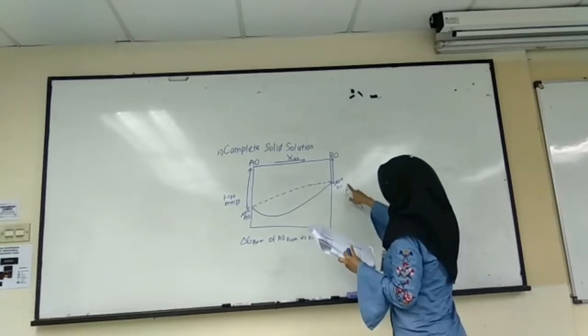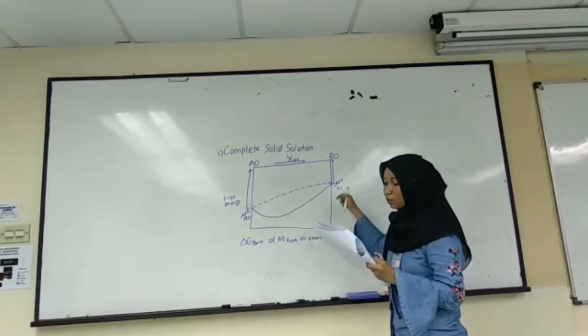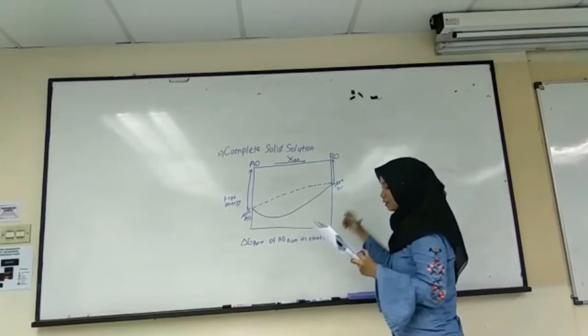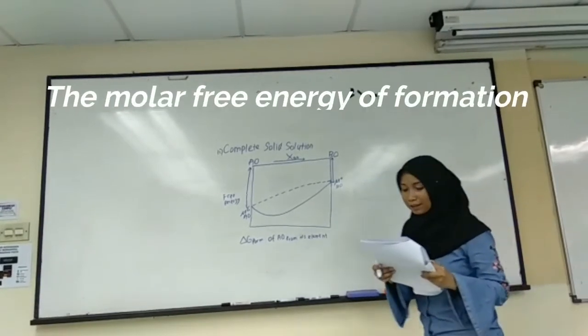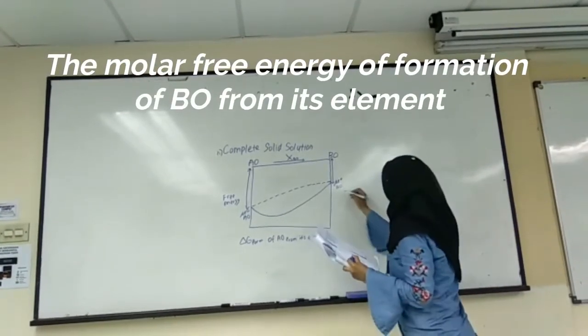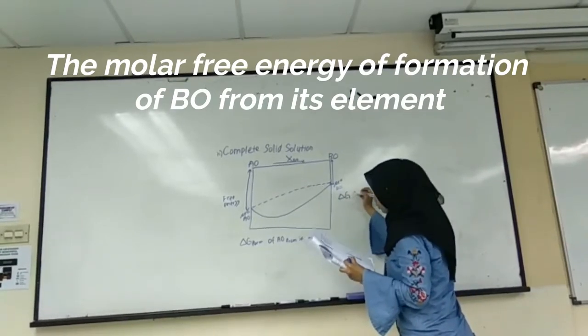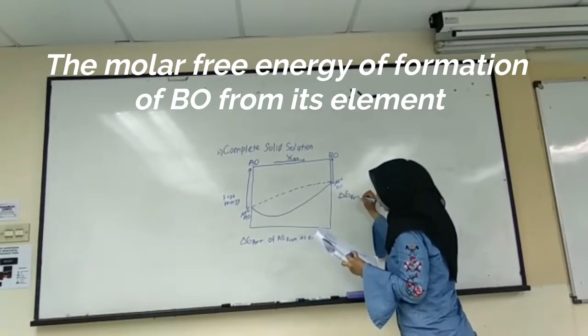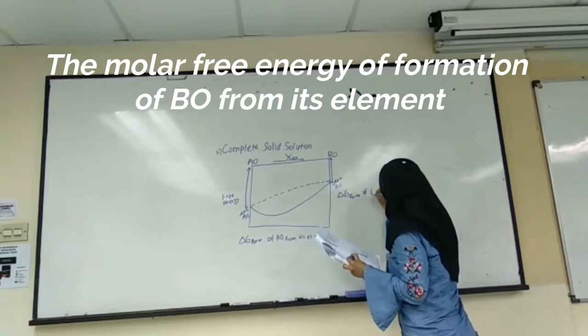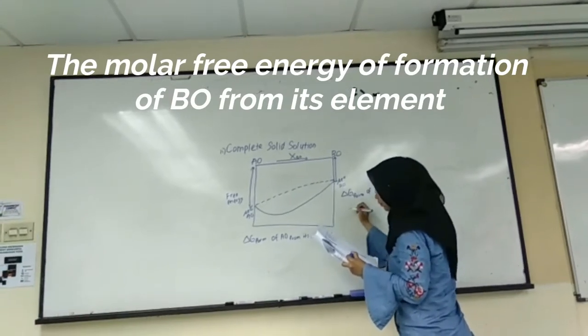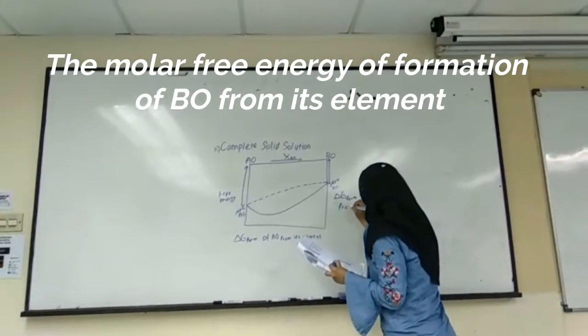And this one, Mu not BO, is the molar free energy of formation, G form, of BO from each element.